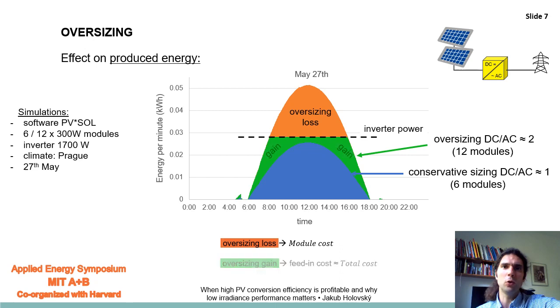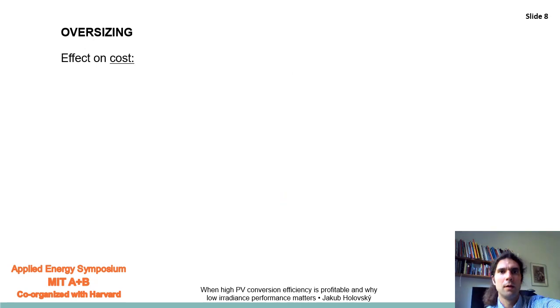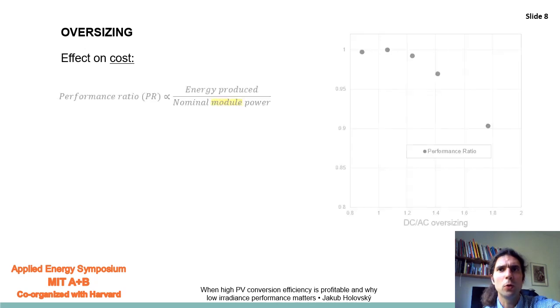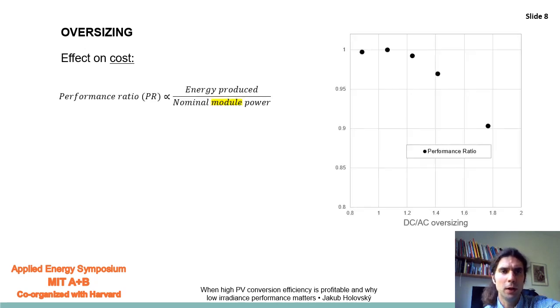Oversizing produces also some gain that economically is as high as feed-in cost, which should be in the range of the total cost. How much the performance is affected by oversizing can be expressed by so-called performance ratio.